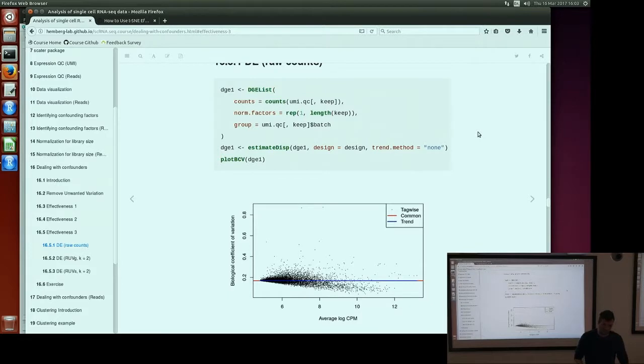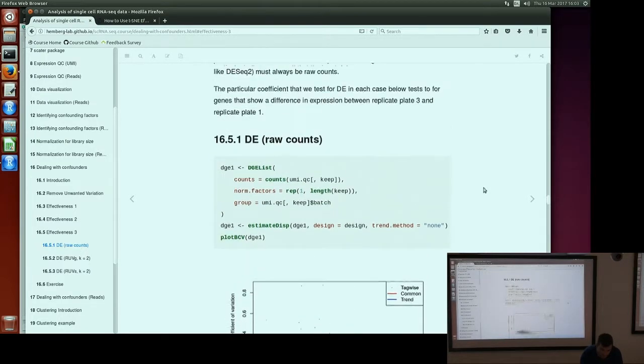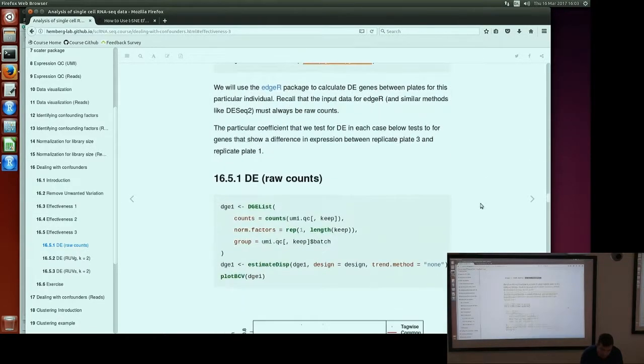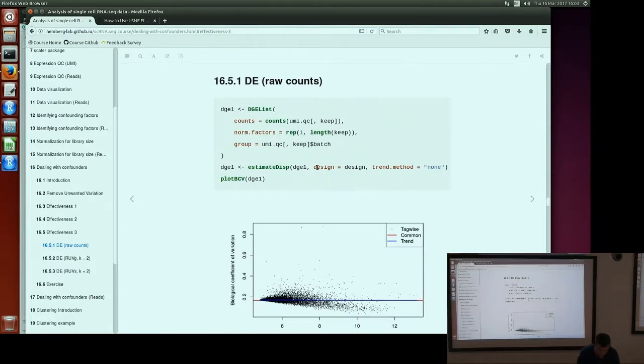And so we supply this estimateDisp function from edgeR with this DGEList object as we defined it, this design matrix, which we defined above, so it just has one factor, which is the batch. And we include that so that when we estimate the dispersion, we account for potential differences in expression based on batch. So we incorporate that into our estimation.